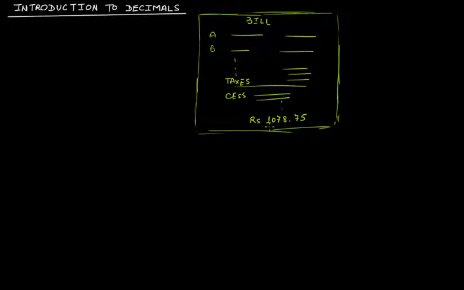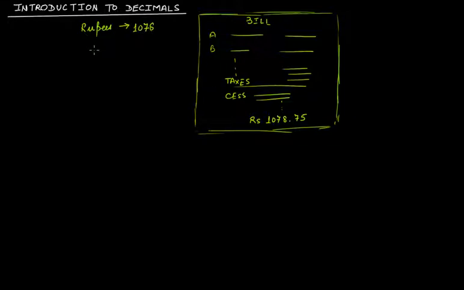If you look at this number, this is what actually a decimal representation is. You would be familiar with this portion only, 1078. But 0.75, what is that actually? 0.75 is a decimal representation where 1078 tells you about the rupees, okay, rupees how much? 1078.